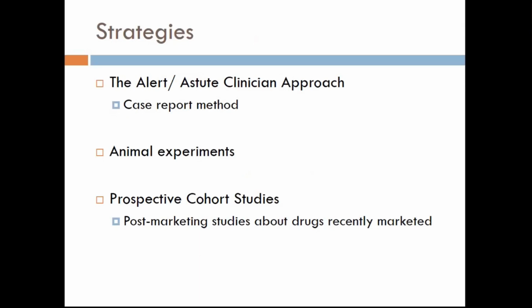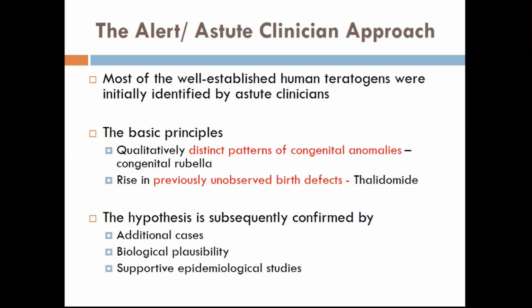That is after post-marketing. Many drugs seen to have no effects before marketing, but after marketing people can see effects. The alert astute method is how most of the well-established human teratogens were found.